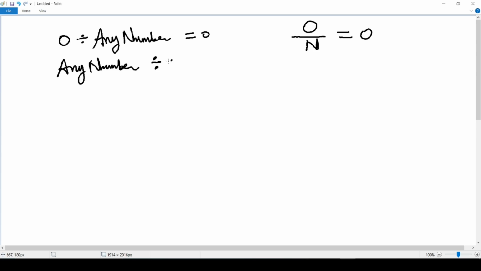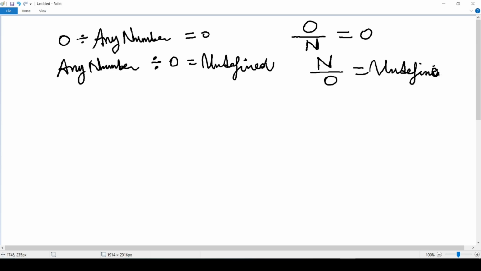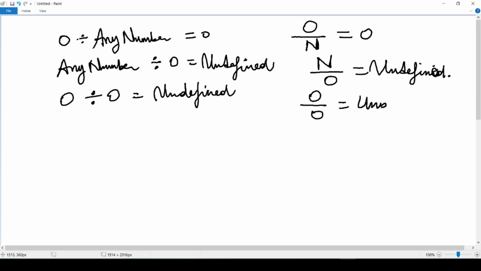Any number divided by 0 is undefined. And finally, 0 divided by 0 is also undefined.